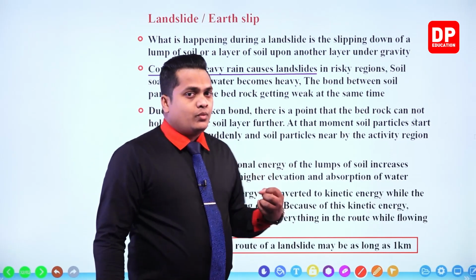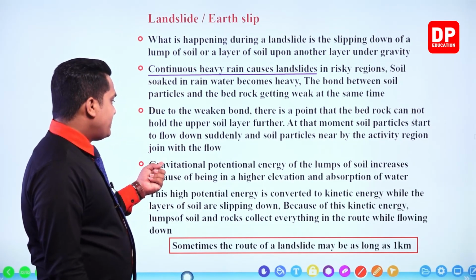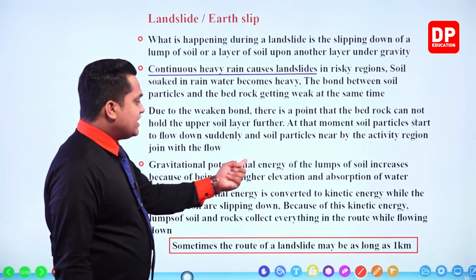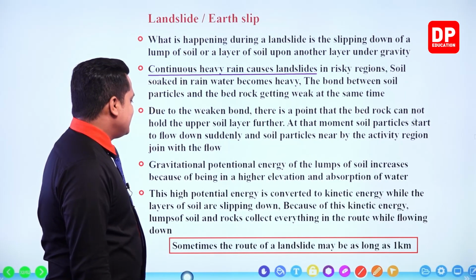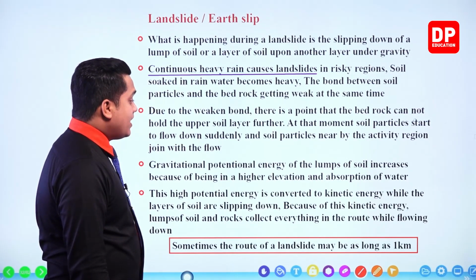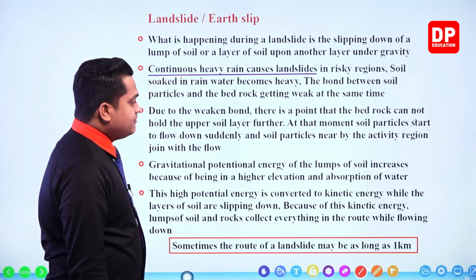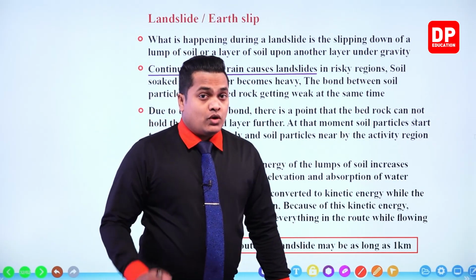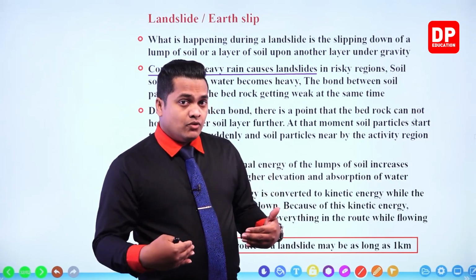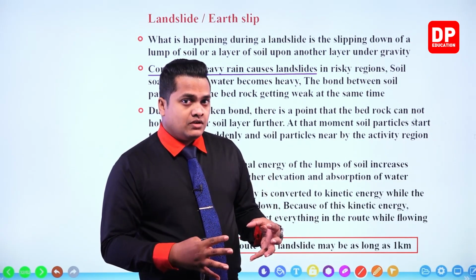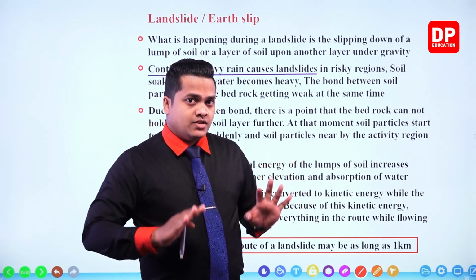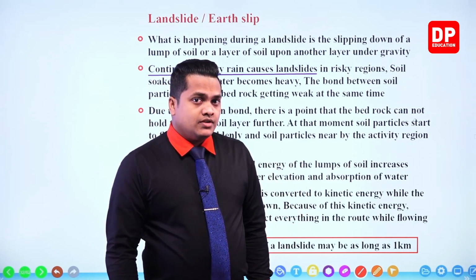Okay, so when it is coming down, here it is given: gravitational potential energy of the lumps of soil increases because of being at a higher elevation and absorption of water. So I told you that when it is coming down, there should be a force which is going to push the soil layers downward.